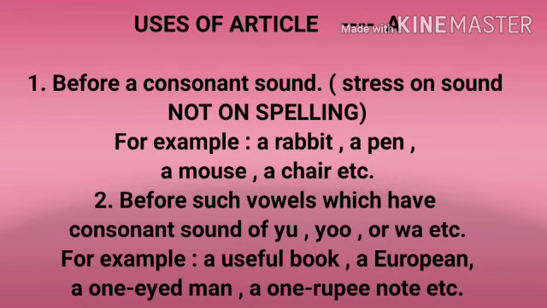For example, a rabbit, a pen, a mouse, a chair, etc. The second one is before such vowels which have the consonant sound of u or w, etc. For example, a useful book, a European, a one-eyed man, a 1 rupee note, etc.